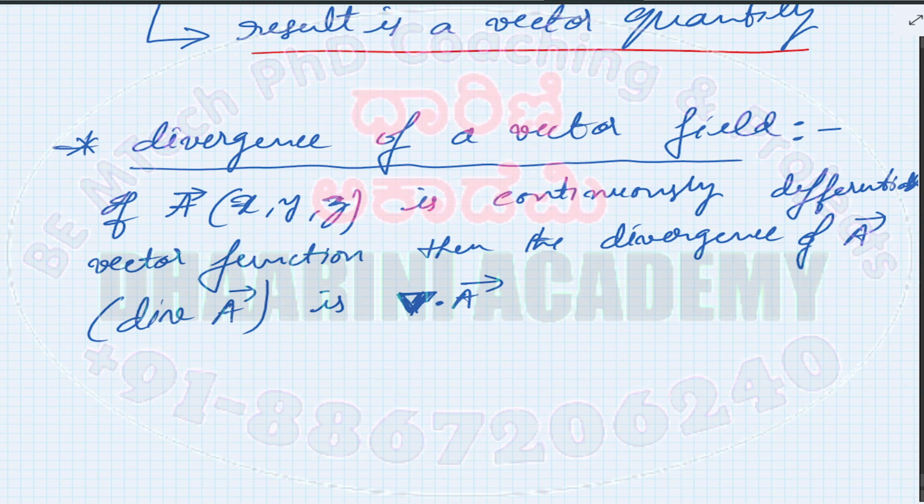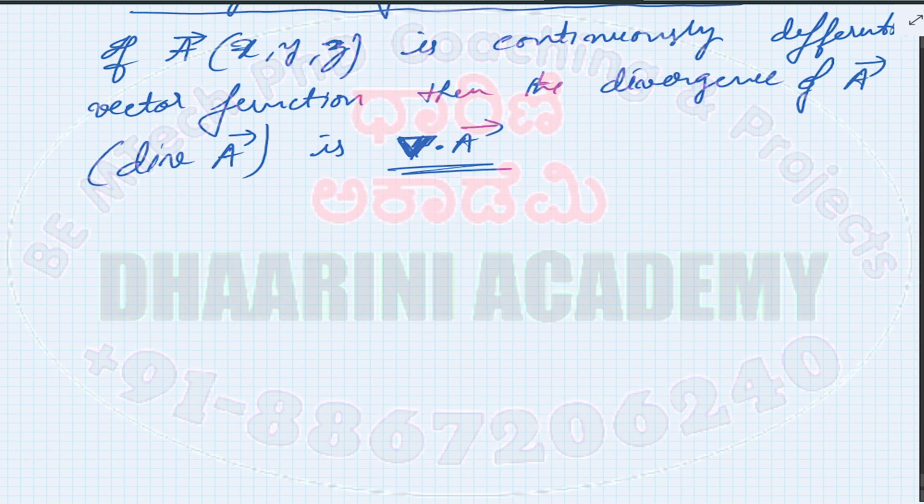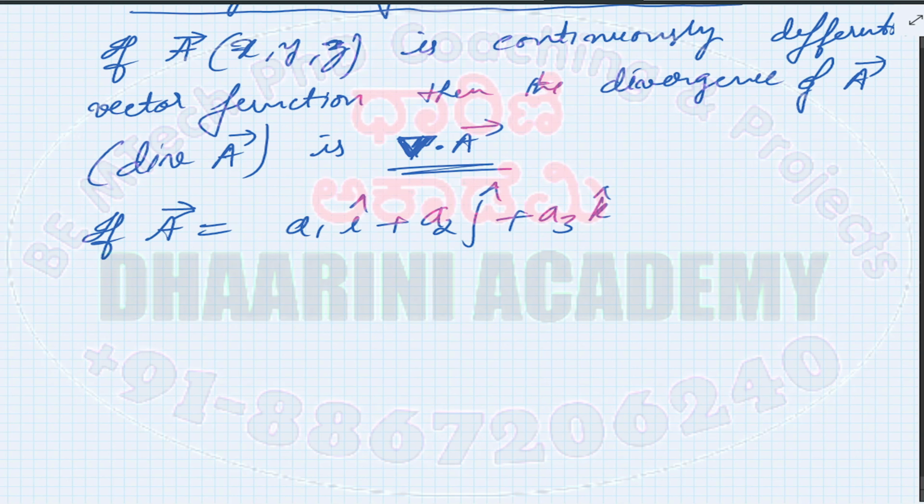Let's try to give a mathematical notation to this. This is the standard way of representing it, but let's give a notation for a vector first. Let's say this is a1 into i cap plus a2 into j cap plus a3 into k cap.